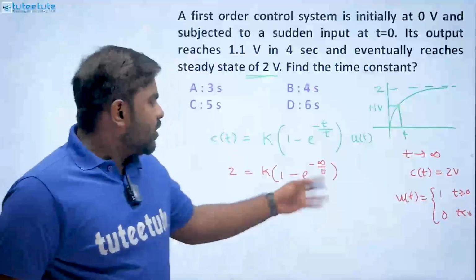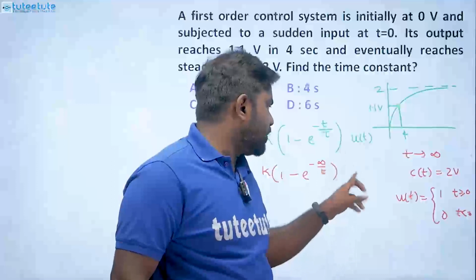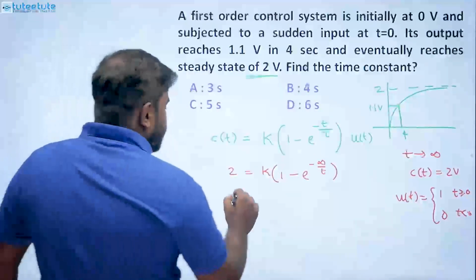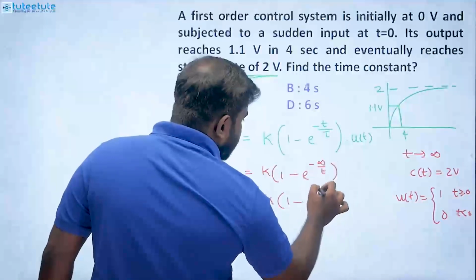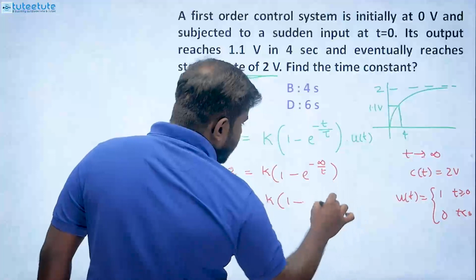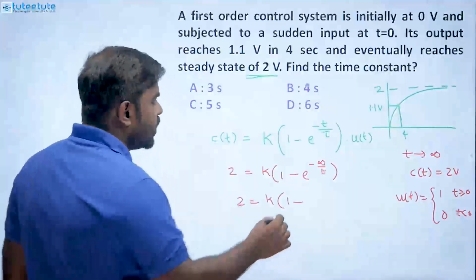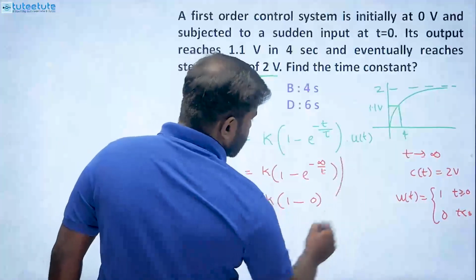So meaning all the positive values it will have 1. So when you multiply this parameter into 1, it will be exactly the same. So here 2 is equal to k into 1 minus e raised to minus infinity, which would be 1 by e raised to infinity. 1 by e raised to infinity would be 1 by infinity, which is 0. So 1 minus 0, you will get k as 2. This is the first portion.